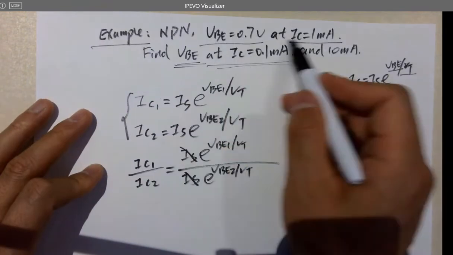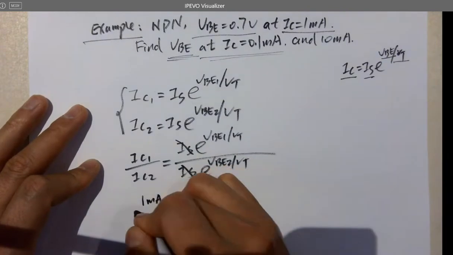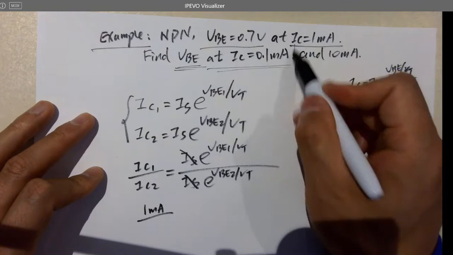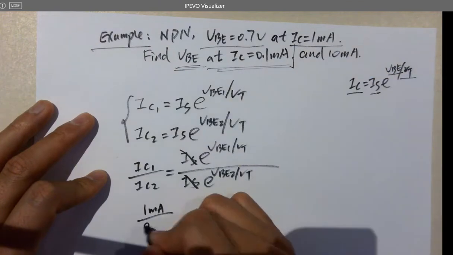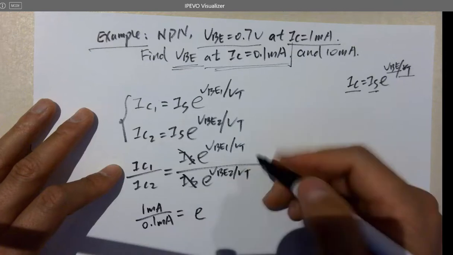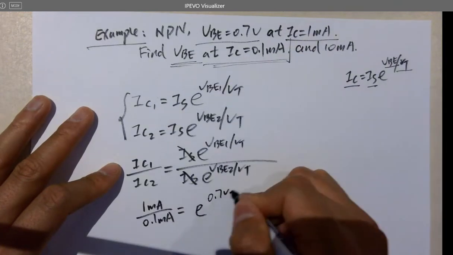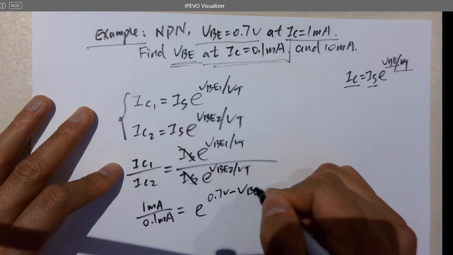And IC1 is 1 milliamp. IC2 for the first case is 0.1. VBE1 is 0.7 volts minus VBE2.